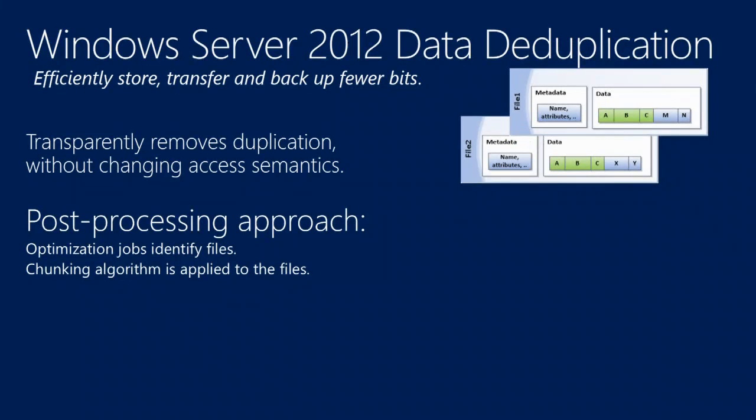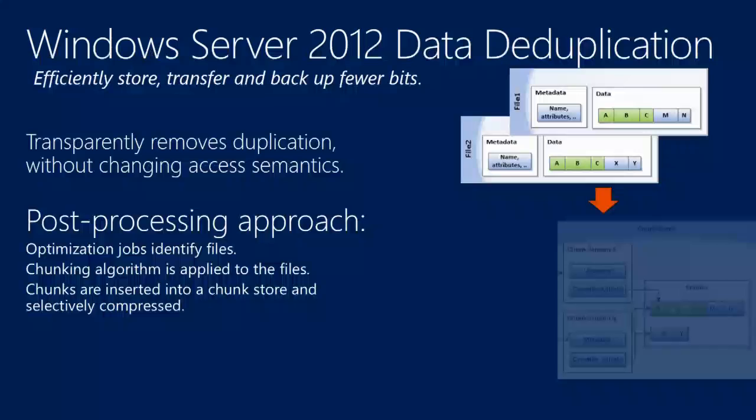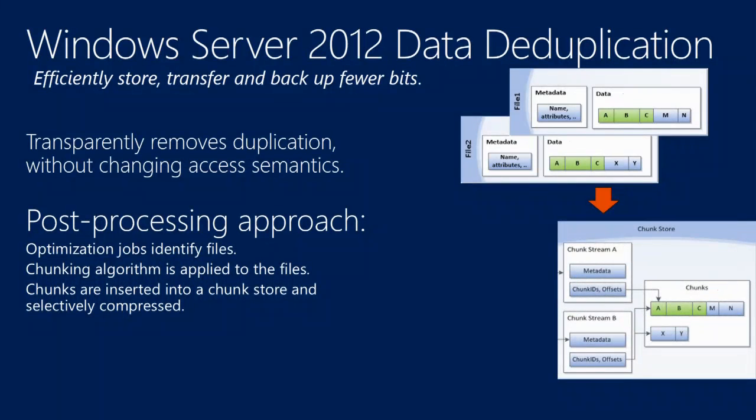Once you've identified common files, then we copy those chunks into a chunk store, and you only have to copy them once, no matter how many files that particular chunk happens to end up in. In addition to the chunks, though, you have to have a way to get back to the chunks. So there's a chunk map that represents how to find those chunks for a particular file.